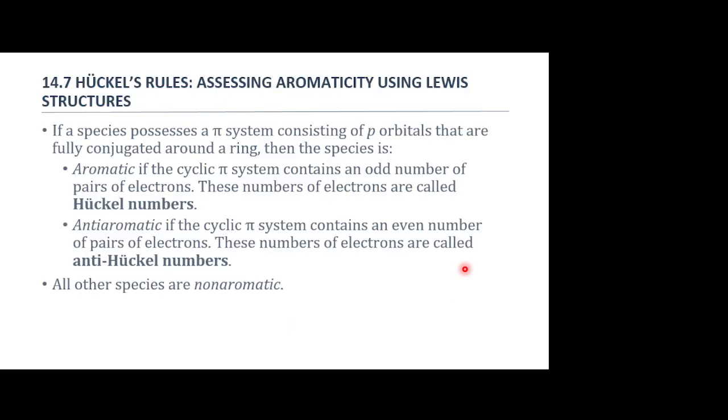If a species possesses a pi system consisting of p orbitals that are fully conjugated around a ring, then the species is going to be aromatic if the cyclic pi system contains an odd number of pairs of electrons. These numbers of electrons are called Huckel numbers. Anti-aromatic is when the cyclic pi system contains an even number of pairs of electrons.